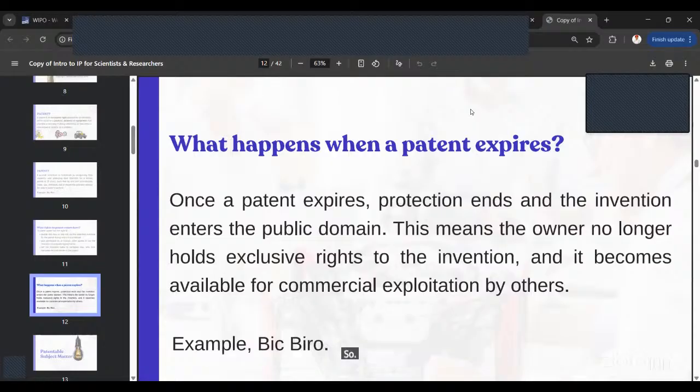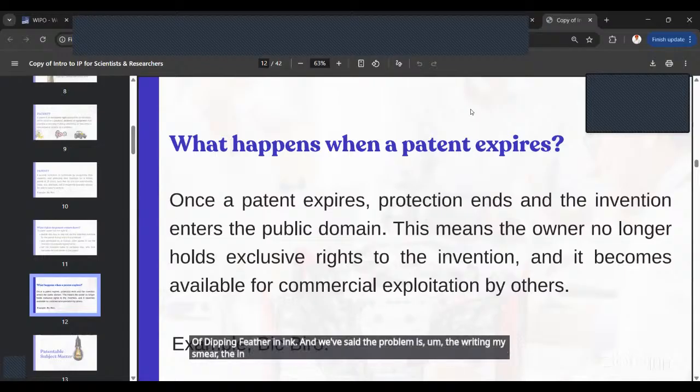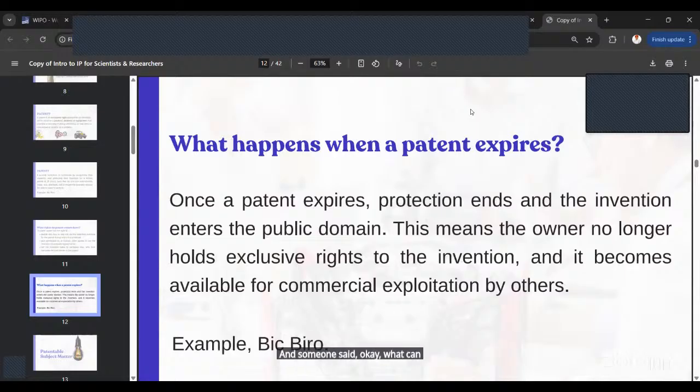And like I said, that patent must solve a problem. Now we've identified the problem of dipping a feather in ink. The problem is the writing might smear, the ink might pour while traveling, it might not be legible enough, and you have to wait for it to dry. Those are the limitations. And someone said, okay, what can we do to solve this problem?